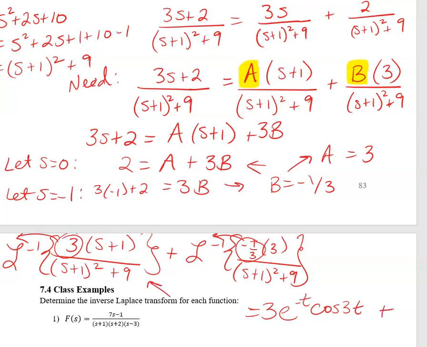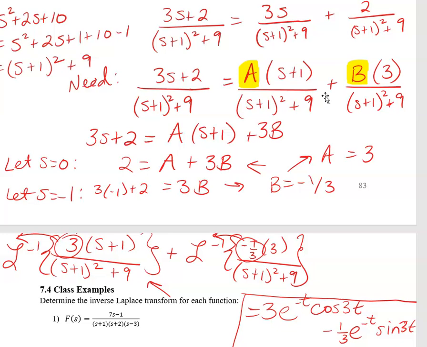And then plus, actually it's going to be minus 1/3 times e to the -t sine of 3t. And I promise we will do some more practice with this in class. I know this is a little bit tricky, this method, but the idea is you want to try to match up whatever you have here with something in that table.